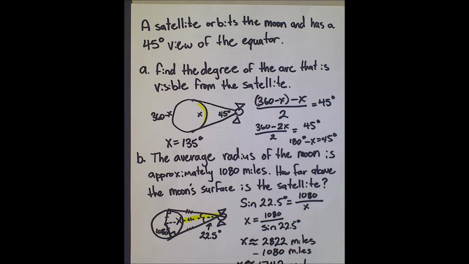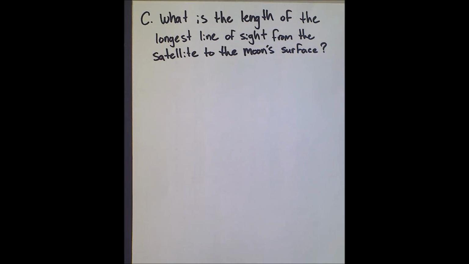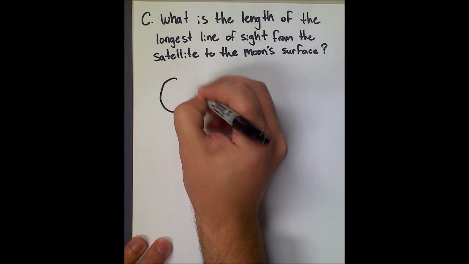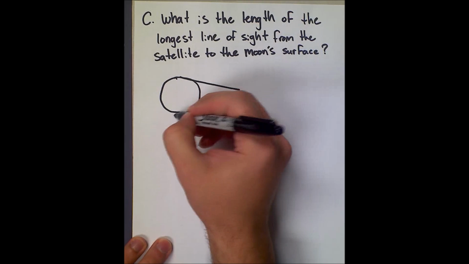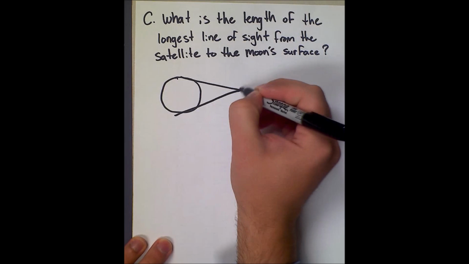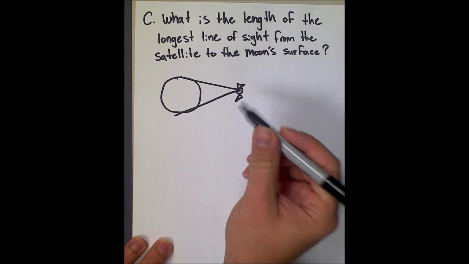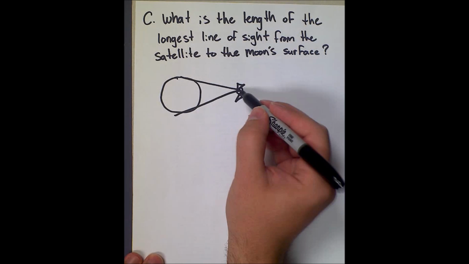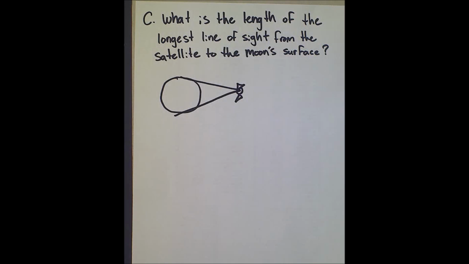There's also a part C to this problem, and it states, what is the length of the longest line of sight from the satellite to the moon's surface? So same picture that we've had this whole time. And it wants to know the length of the longest line of sight, which would be the tangent line.